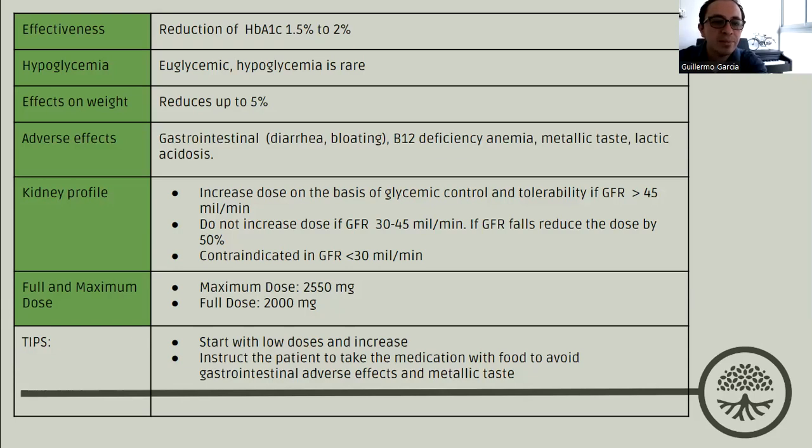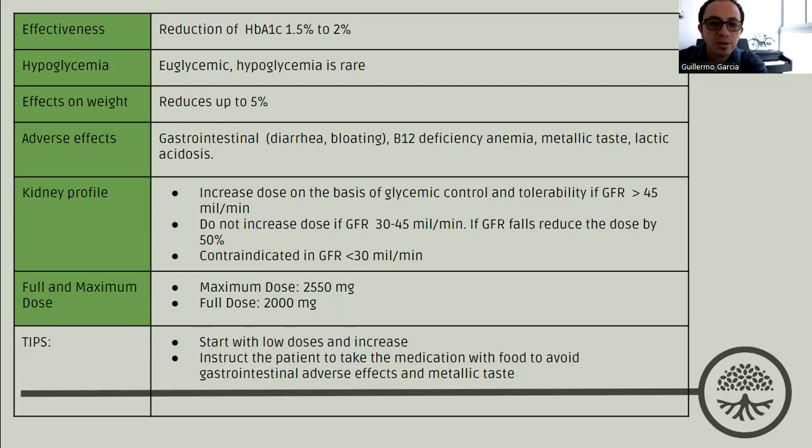The most common adverse effects are gastrointestinal, diarrhea, bloating, B12 deficiency anemia, metallic taste, and lactic acidosis. Talking about the kidney profile, increase the dose on the basis of glycemic control and tolerability if glomerular filtration rate is more than 45 milliliters per minute.